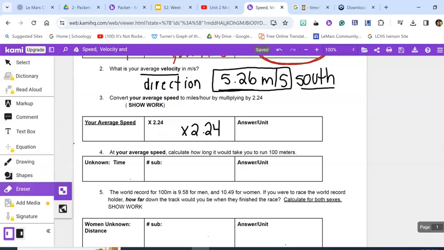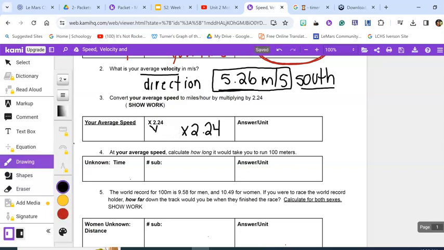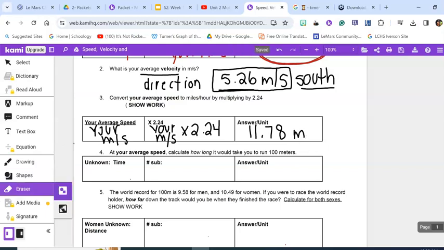So you're going to take your meters per second times 2.24. Nevaeh, what do you get? 11.78. This is going to be miles per hour.